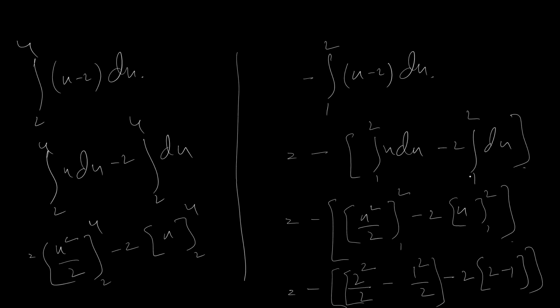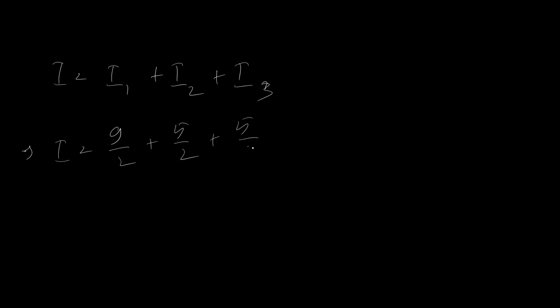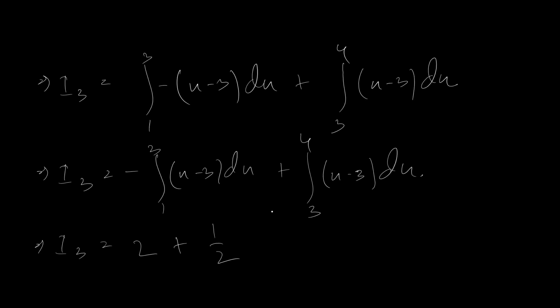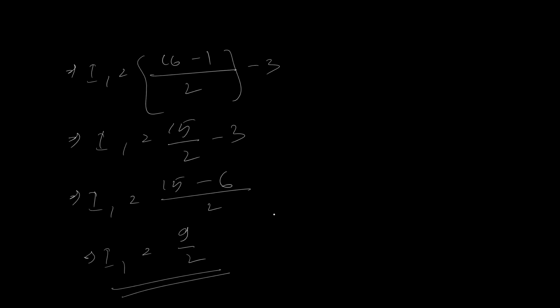These are all plus, so I will have to add them. I is equal to I1 plus I2 plus I3, so I is equal to 9 by 2 plus 5 by 2 plus 5 by 2.